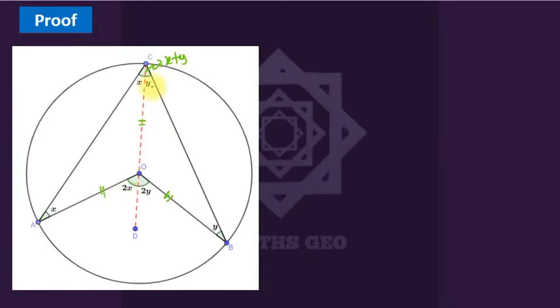And also using the exterior angle here, y plus y is 2y. Have you seen that the total angle is now 2x plus 2y, which is the same as 2 times x plus y, which is 2 times the inscribed angle. So we've proved that. Let's look at this question.